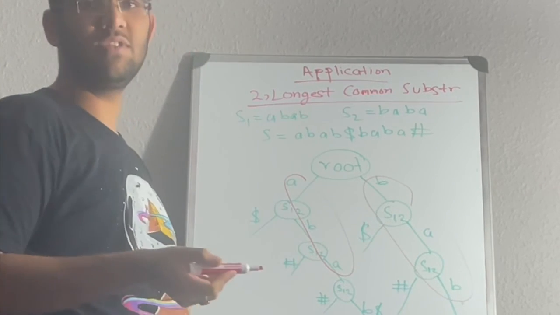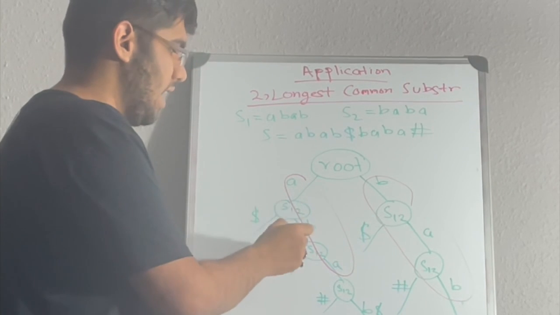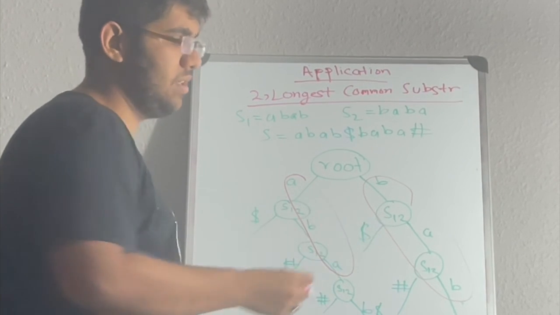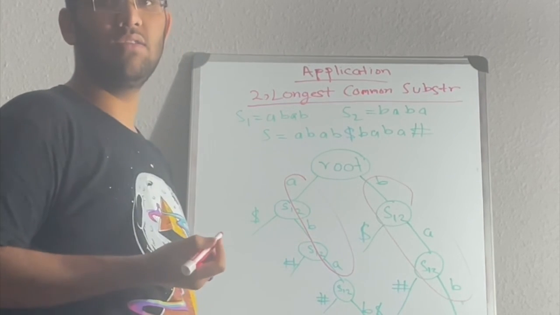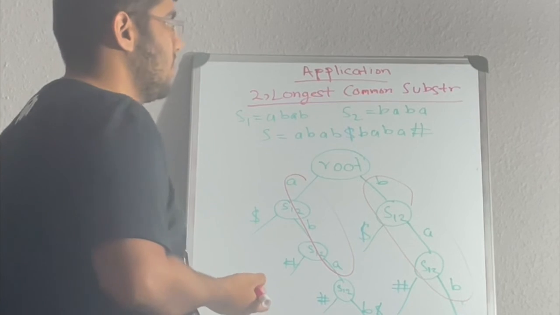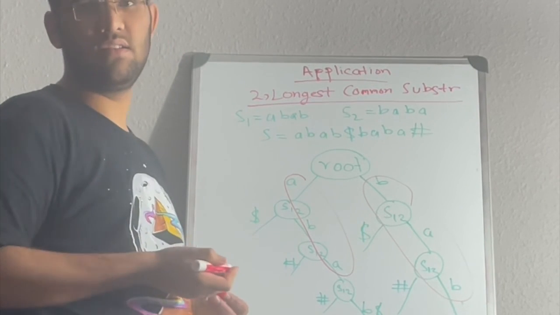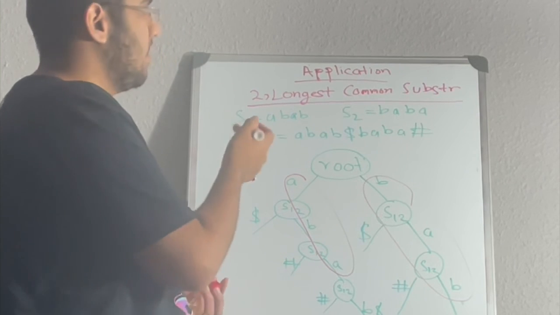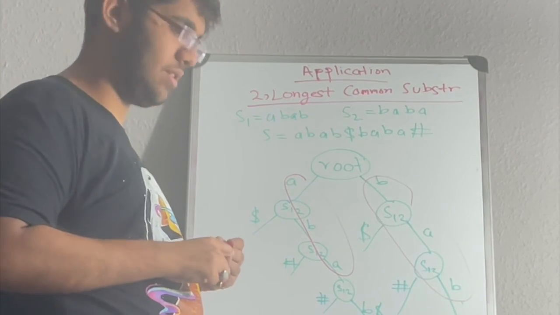Both have a length of 3, so you can choose either, because both of them have the strings. Basically, you just need to make a suffix tree, then it's your normal recursion question of calculating the max length, which can be done in big O of n itself. So this is another very popular application of the suffix tree.